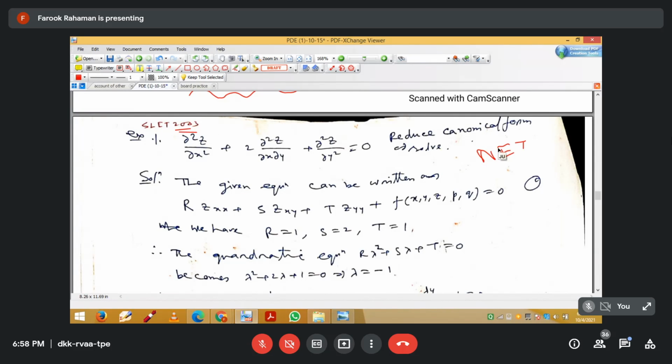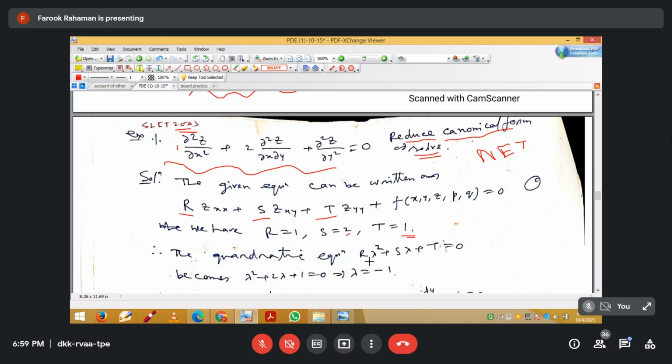Anyhow, no problem. Suppose this is a differential equation. The problem is to reduce it to canonical form and solve it. How to solve it? Compare the differential equation with our general form, with r, s and t. The coefficient r is 1, the coefficient of s is 2, and the coefficient of the second derivative with respect to y is 1.